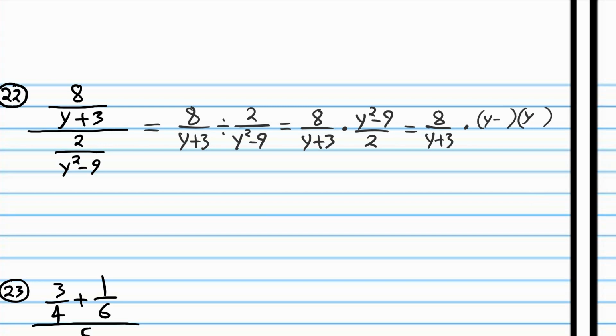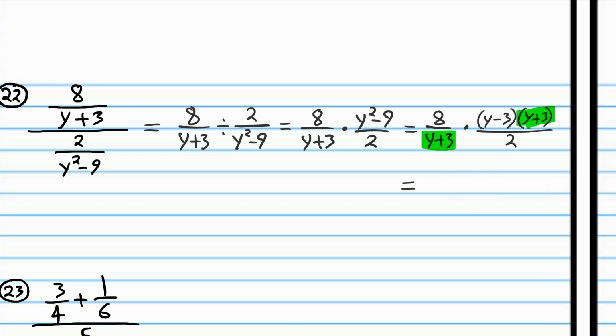What number times itself is 9? That's 3, obviously, and put your plus and minus. For difference of two squares, it's always plus and minus. And you can see we have a common factor. Just cancel those out. And we're left with 8y minus 24.